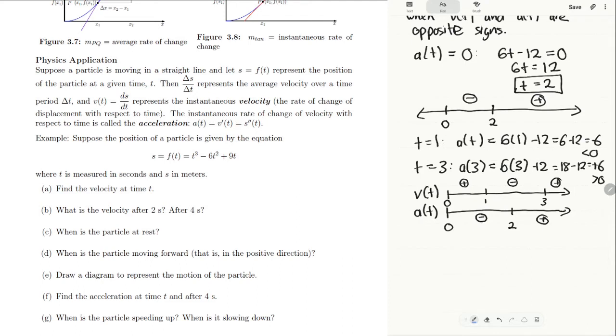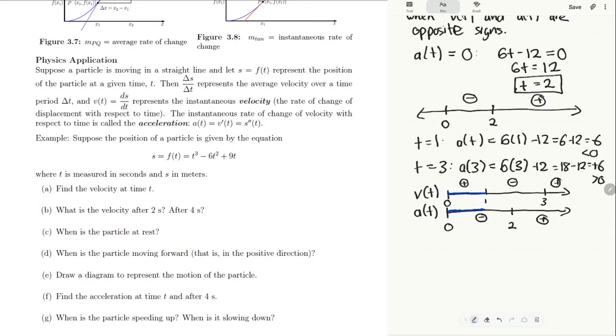I'm going to mark in blue the times when they have opposite signs. Between 0 and 1, the velocity function is positive, but the acceleration function is negative.